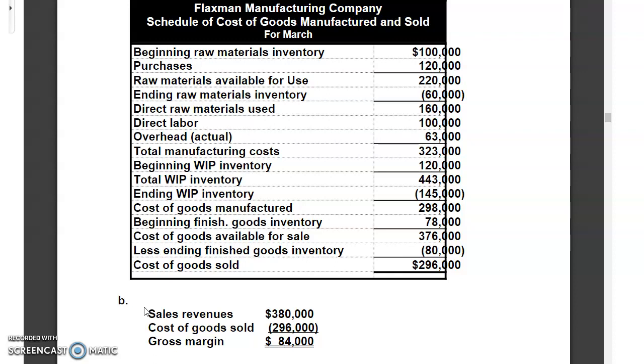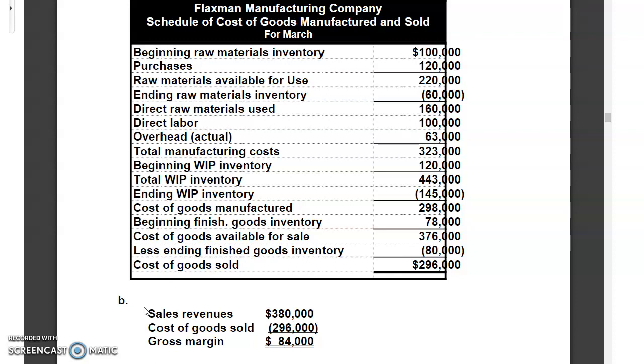What we had in our work in process are partially completed units at the beginning of the time period. That gives us total work in process inventory. Subtract out the ending work in process gives us the total cost of goods manufactured. Cost of goods manufactured means the cost of the things that we finished during the time period and moved to finished goods inventory.